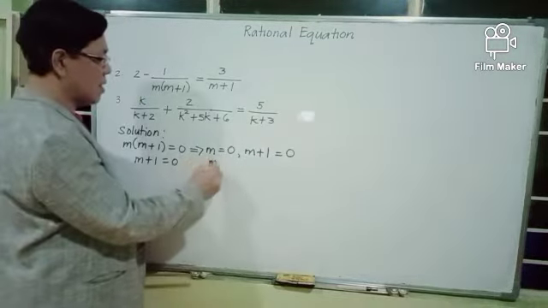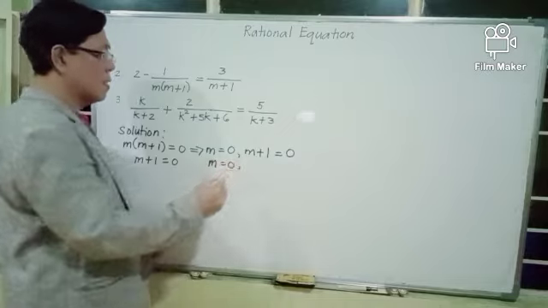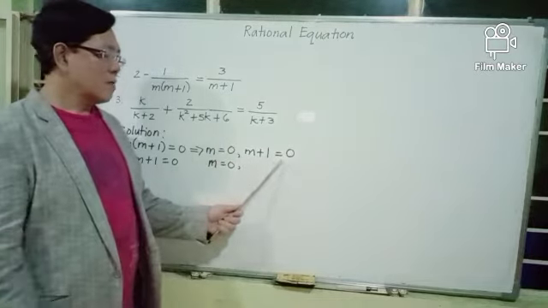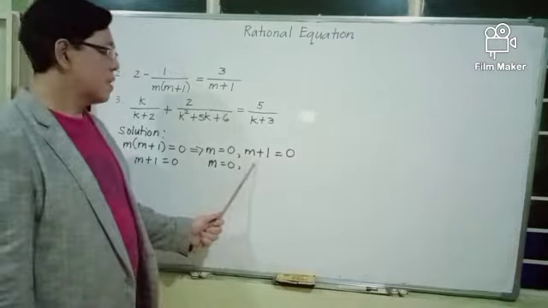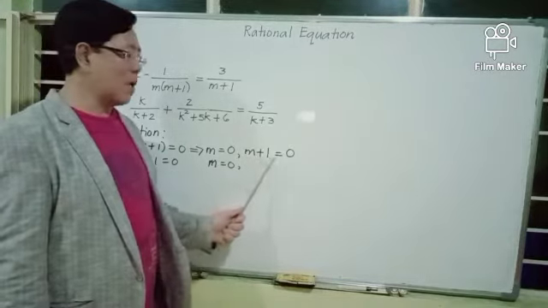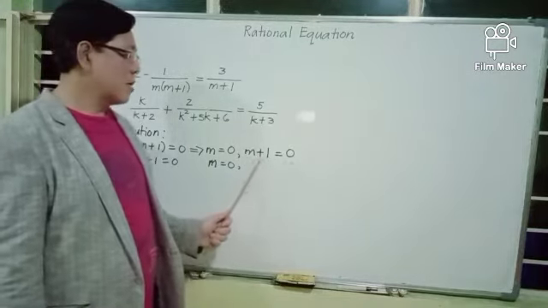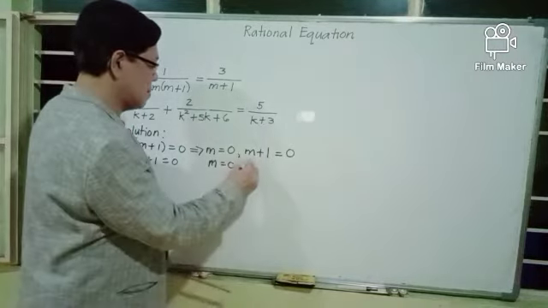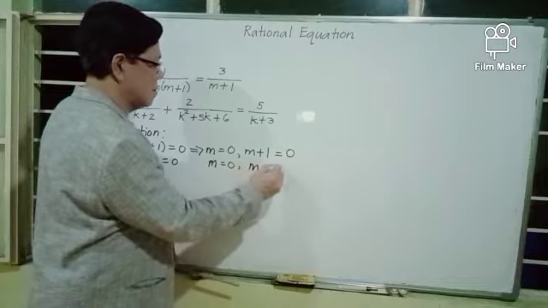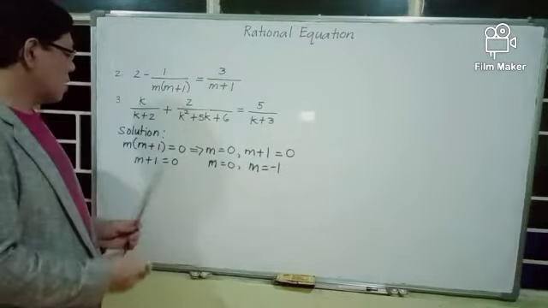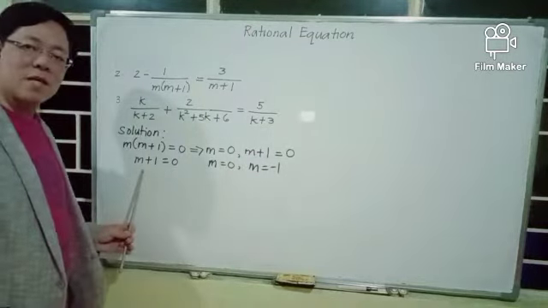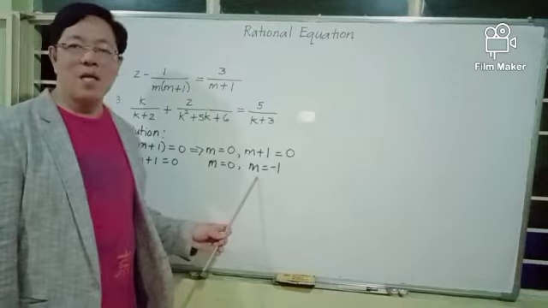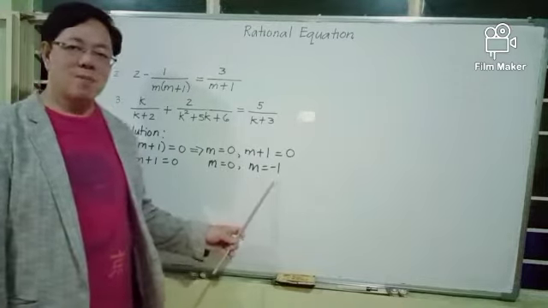And we have m equals 0 for the first factor. And the second is now a linear equation in m where we can solve for m by transposing positive 1 to the right hand side. And you will get m equals negative 1. And we have actually solved this linear equation m plus 1 equals 0. That gives us a value of m equals negative 1.